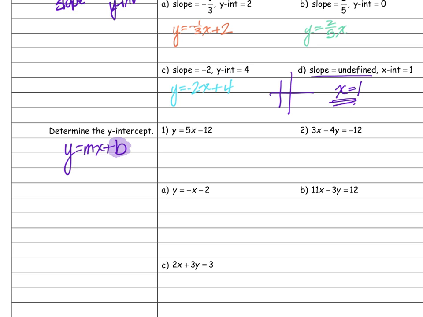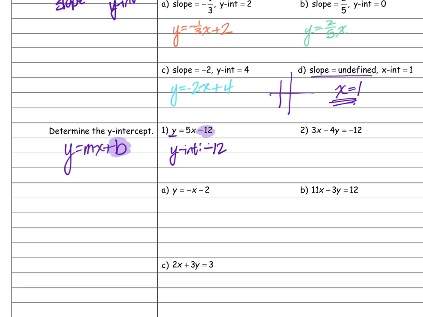So in part 1, it's already solved for y. Well, yes, it is. So my y-intercept is just negative 12. It's just the constant that's there, okay?